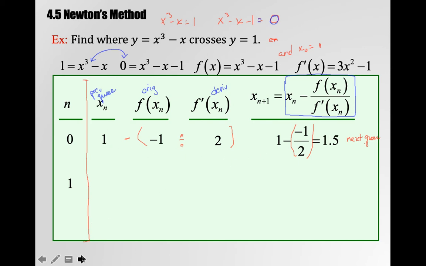My next guess is 1.5. So I'm going to plug 1.5 into the original, and I get 0.875. I'm going to plug 1.5 into the derivative, and I get 5.75. And then I'm going to do 1.5 minus this ratio.